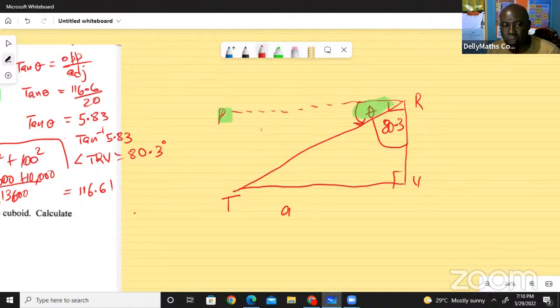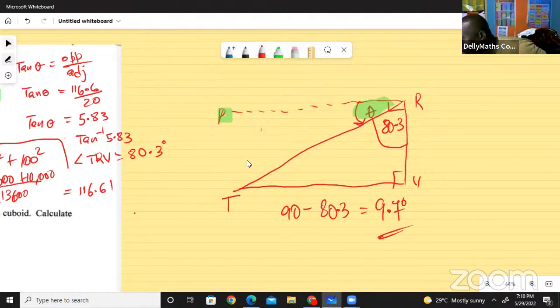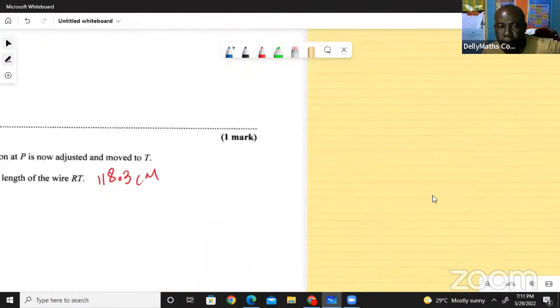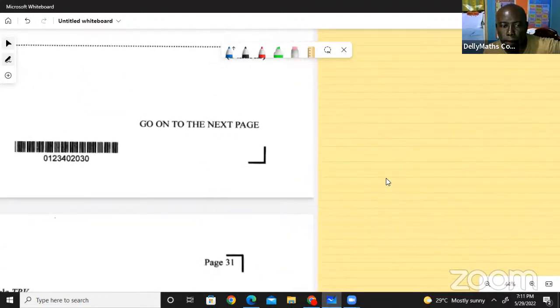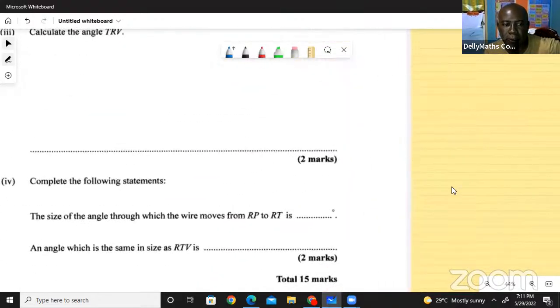That angle is going to be 90 degrees minus 80.3 degrees, and I'll say 9.7 is the answer for that, all right? So it came down 9.7. So let me put that answer there. So it moved from RP to RT is 9.7 degrees. So that's the angle that it shifts down.